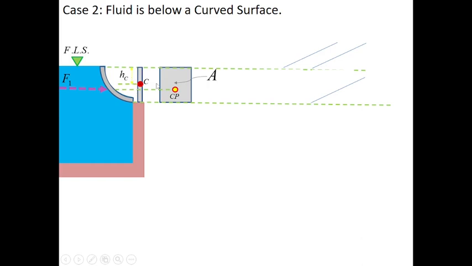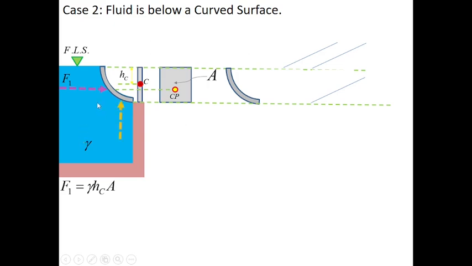The distance between the centroid of this plane area to the free liquid surface. So, ito yung formula natin ang pagkuha ng F1: the specific weight of the liquid multiplied by HC multiplied by area. So, consider naman natin yung F2, the vertical component of the hydrostatic force.